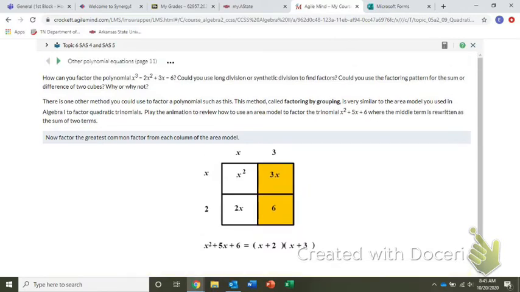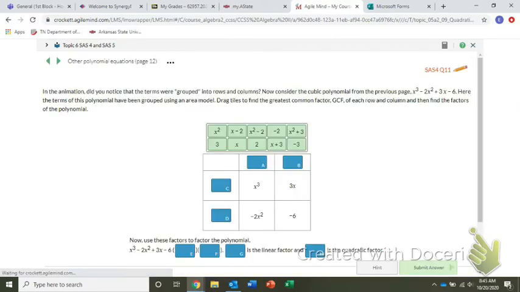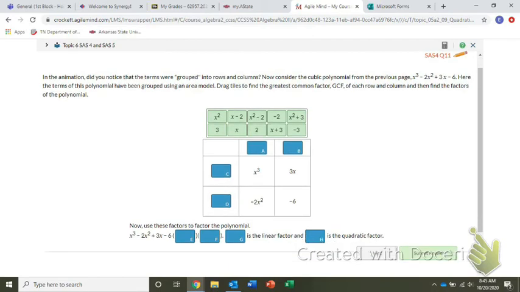All right, now on number 11 in your workbook, you have this right here. But it's a cubic function. So we have an x cubed, a negative 2x squared, plus 3x minus 6. So first, what we want to do, we want to highlight the top.